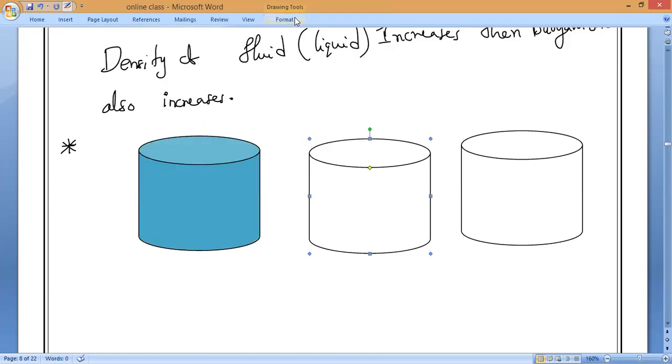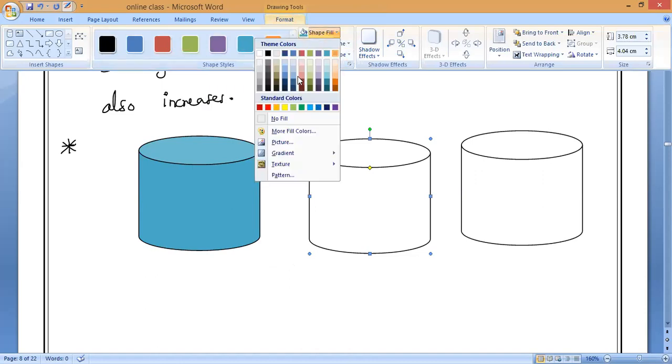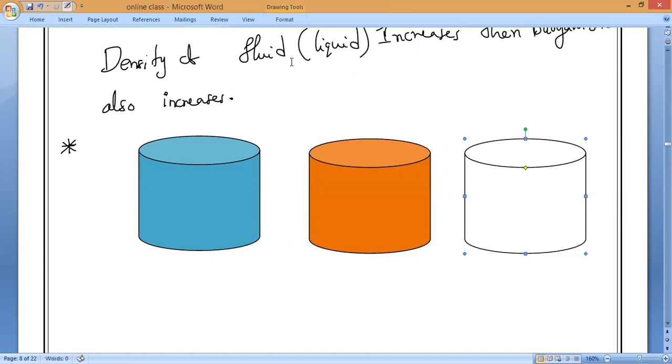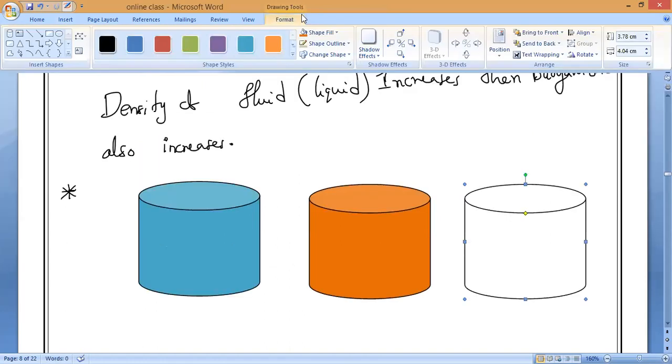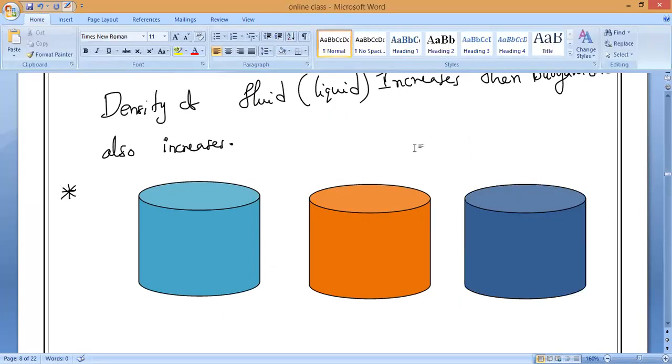The second one is filled with salt water. And the third one is filled with glycerin.